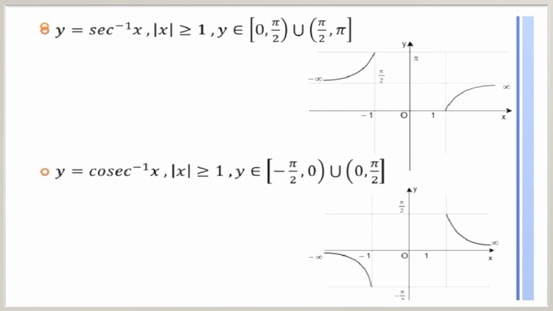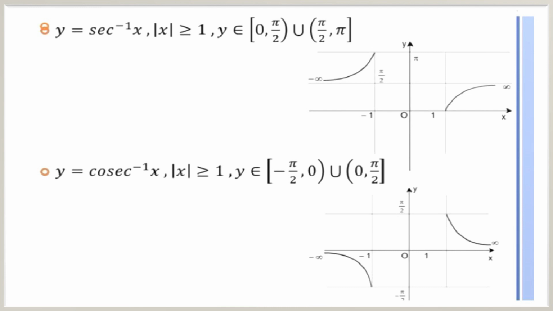So, as y belongs to the closed interval of 0 to pi, no part of the curve lies below x axis, because if it is below x axis, then y will be negative. So, what to do? We have to restrict y to the positive side and x from minus 1 to 1. So, this is the graph of cos inverse x.